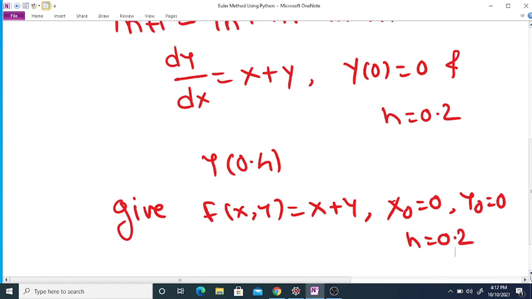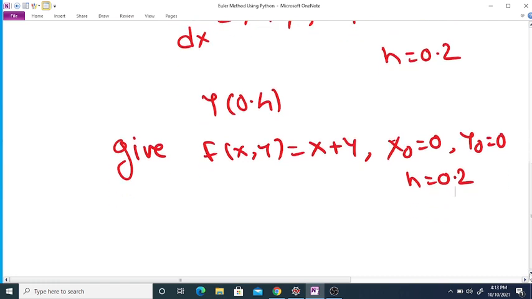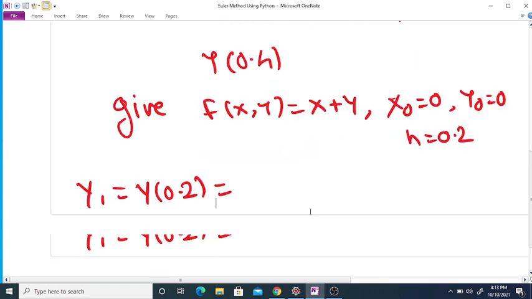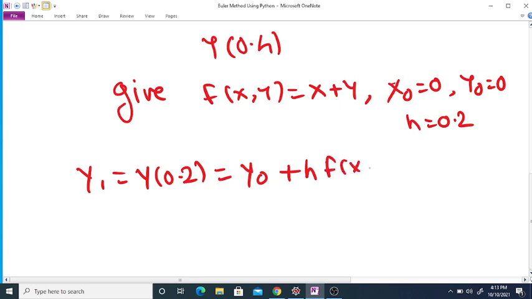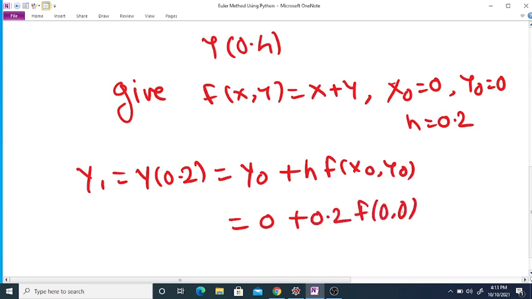So now we can find the value of y1, which is nothing but y of 0.2. That is, what is y1? y1 is equal to y0 plus h f of x0 y0, where x1 is equal to x0 plus h. So y0 is equal to 0 plus h, which is 0.2, f of 0, 0.